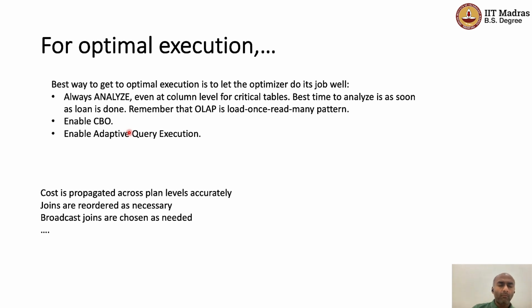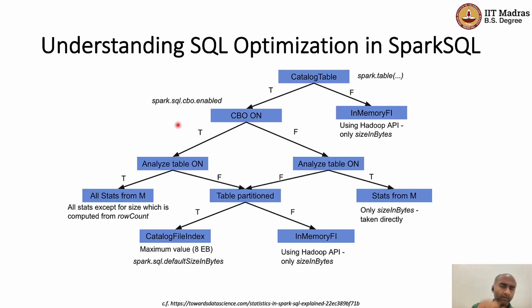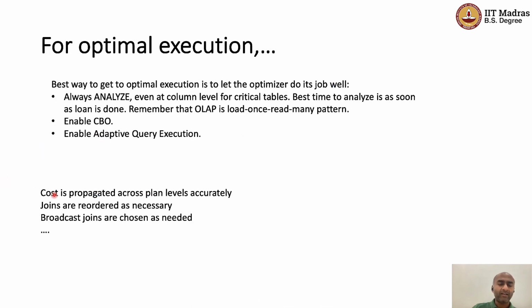All right, so what are we paying attention to? Finally, when we come down to understanding the various cost elements, you have to go back and use explain again. When you look at the explain, you start to see whether the cost is actually getting propagated across the levels accurately.